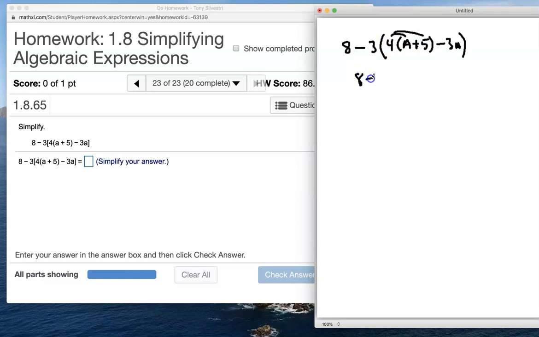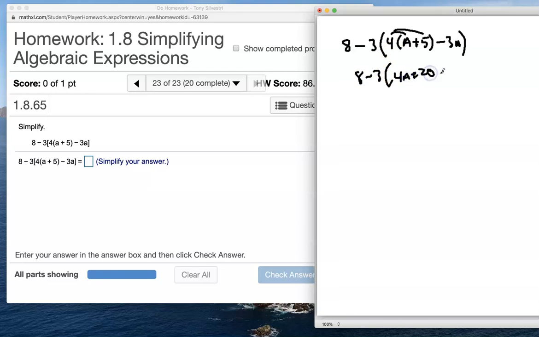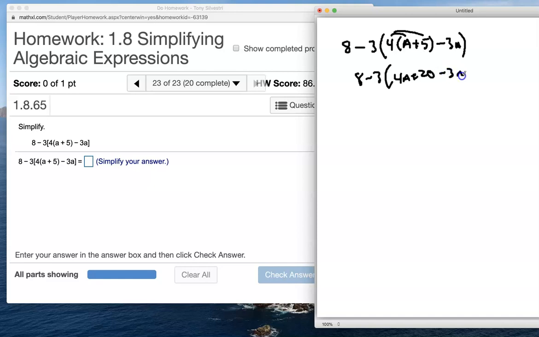I'm going to copy the rest of this thing down and just say 4a plus 20 minus 3a. At least I got rid of the inner parentheses. Now looking inside the outer parentheses, 4a minus 3a is 1a plus 20. Okay, so that was a plus.